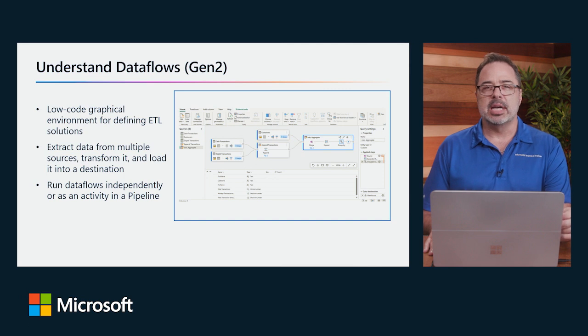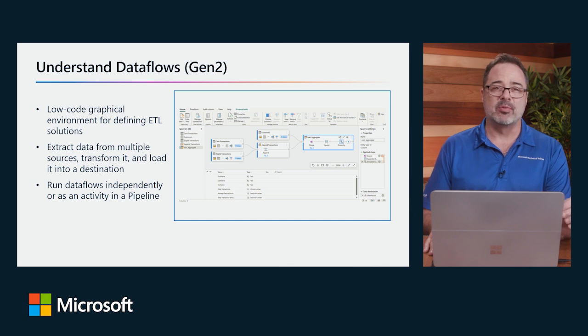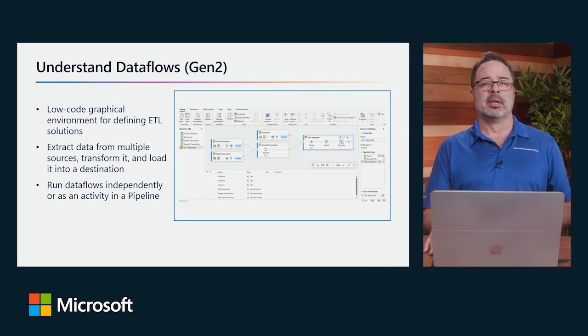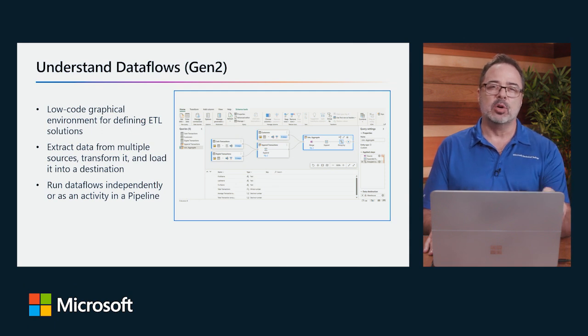Data flows are a type of cloud-based ETL, extract, transform, load tool for building and executing scalable data transformation processes. Dataflow Gen2 allows you to extract data from various sources, transform it using a wide range of transformation operations, and then load the results into a destination or sink.